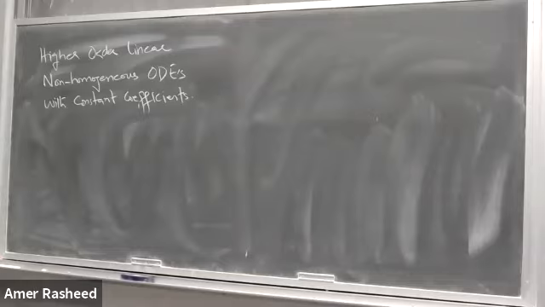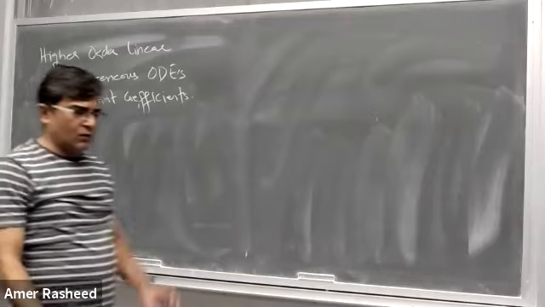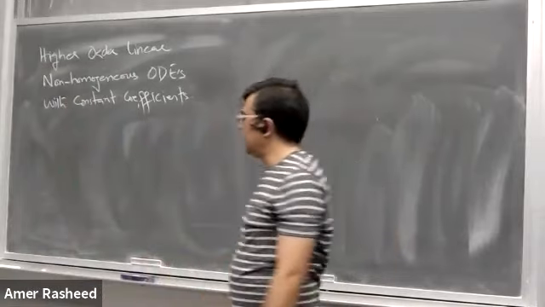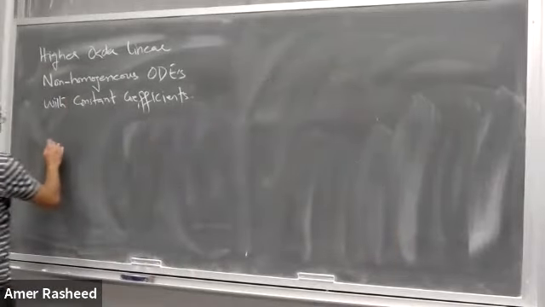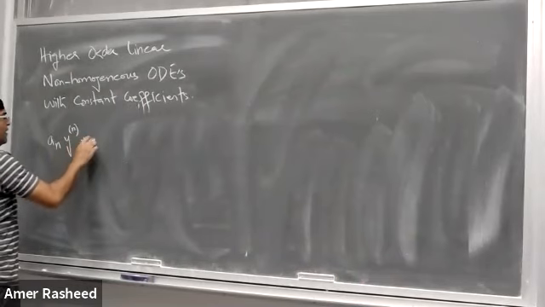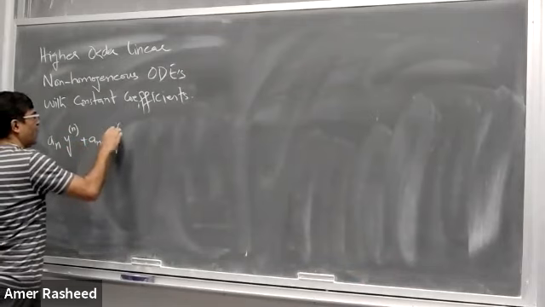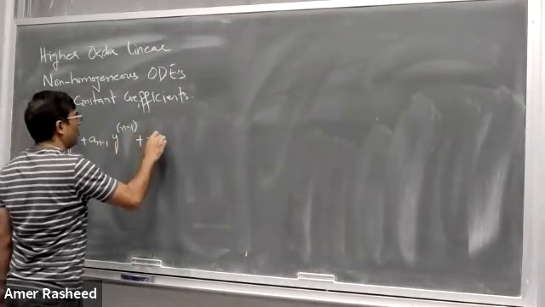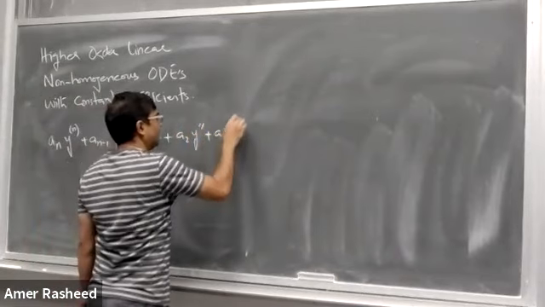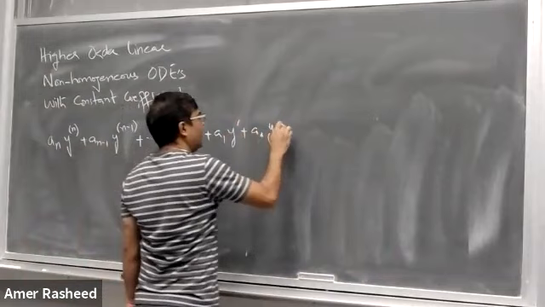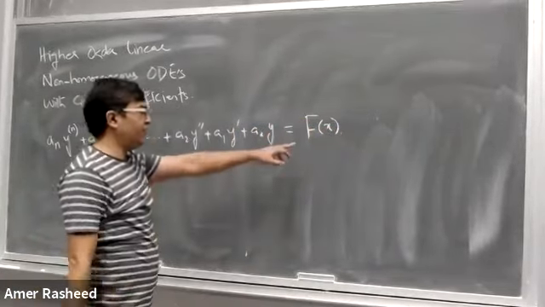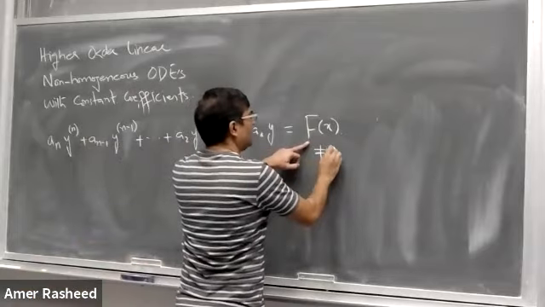Now, everything is the same except that the right hand side of the equation is non-zero. I hope you know how to write the general nth order equation: the nth derivative of y plus a_{n-1} times the (n-1)th derivative plus so on plus a2 y double dash plus a1 y dash plus a0 y equal to some function f of x, which is not zero.